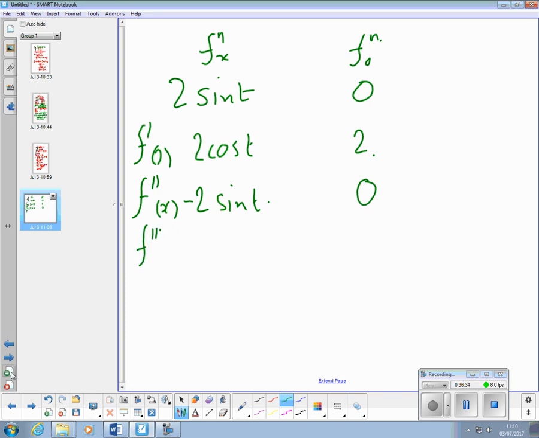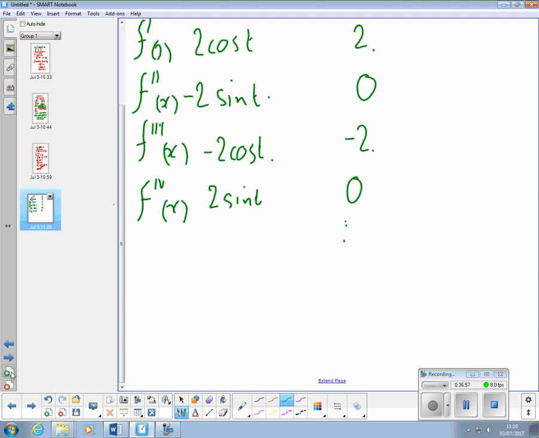The third is minus 2 cos t, so the answer will be minus 2. Fourth differential, back to 2 sine t, which is nothing. We all know that then goes 2, none, minus 2, and so on.